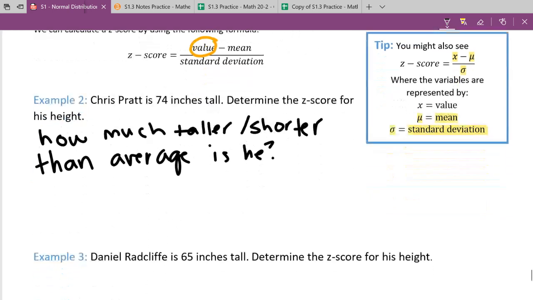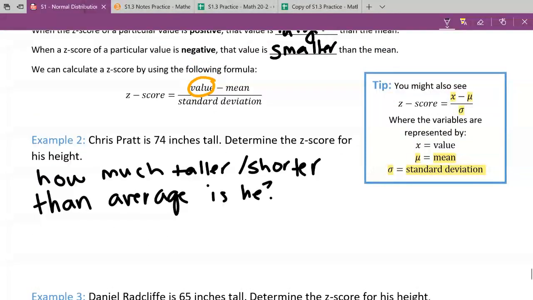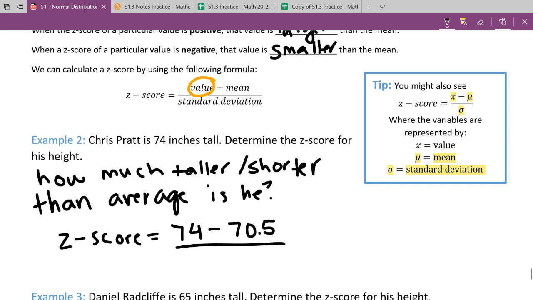So we'll use our formula. The z-score is equal to the value. So that's the specific value we're looking at right now. That's that 74. I'm subtracting the mean, and this is based off of that study we had of 100 males where we said that the mean was 70.5. Divided by the standard deviation, we're going to go with that rounded 2.80 we had.